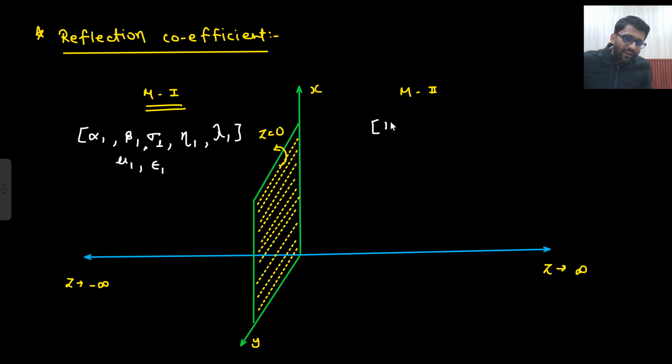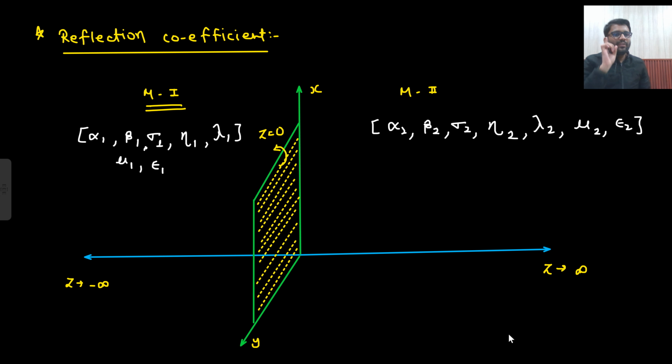Similarly, this medium will have its own alpha, beta, sigma, eta, lambda, mu, epsilon. Only which thing remains constant? That is omega. Omega never changes, right? Omega will be the same here and also here. This we have already studied.